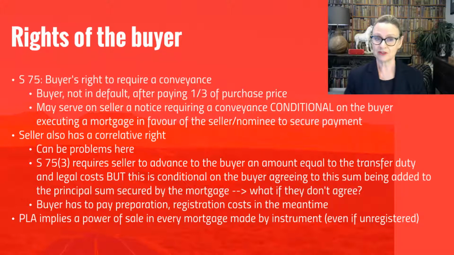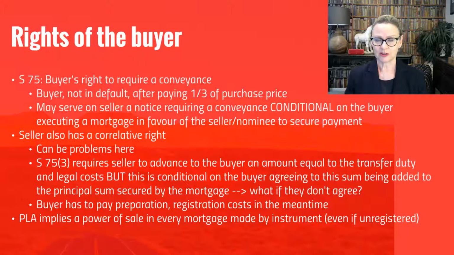As long as the buyer has paid 1/3 of the purchase price, they can serve a notice directing the seller to convey the property to them conditionally upon execution of a valid mortgage in favour of the seller. So what you may have thought was an ordinary contract with an ordinary buyer, all of a sudden you have a buyer as mortgagor and you've become a mortgagee.